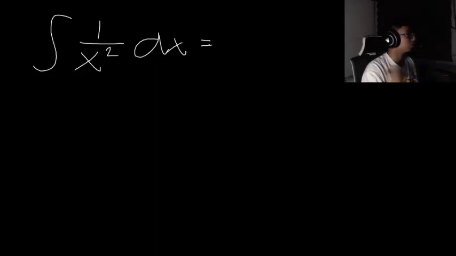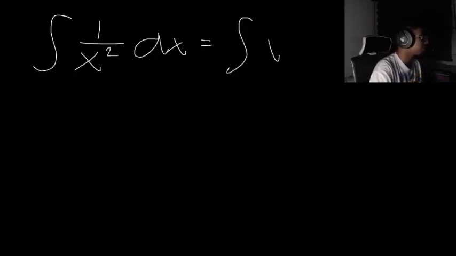Now let's say 1 divided by x squared dx. So what are we gonna do here? When we have a function like this, we need to rewrite it first. Let's rewrite: x raised to negative 2 dx.